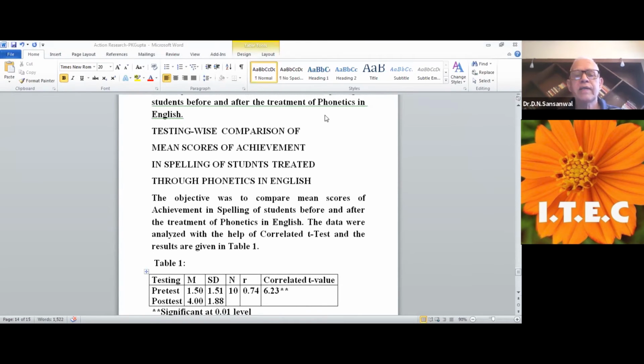Okay. So now you have to write the table heading.